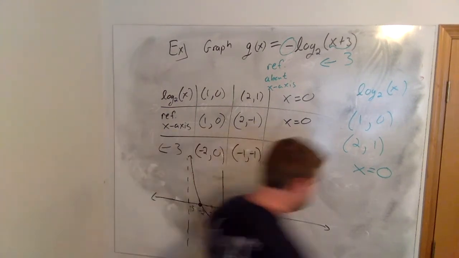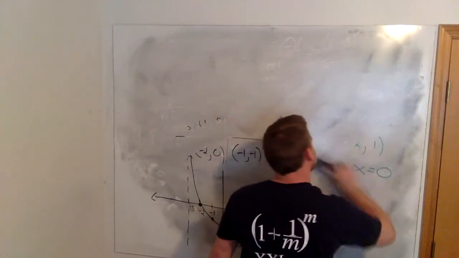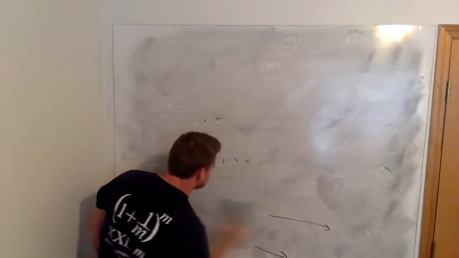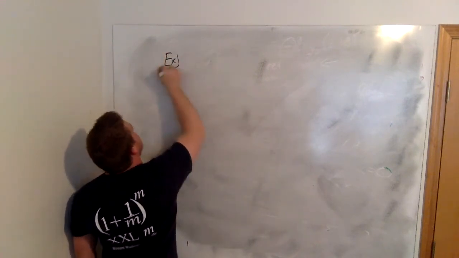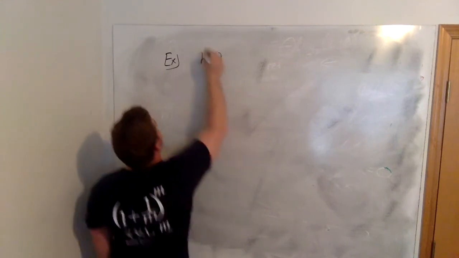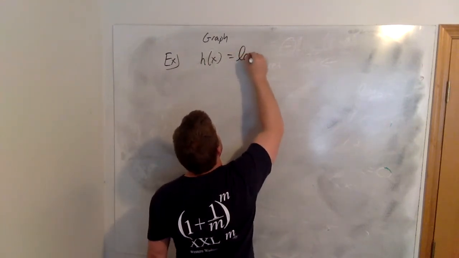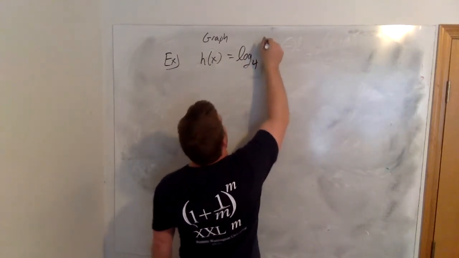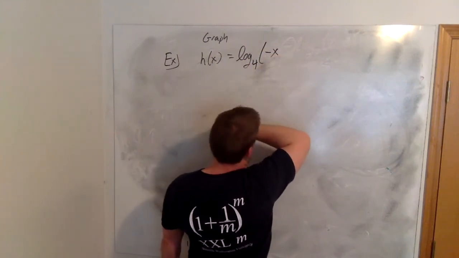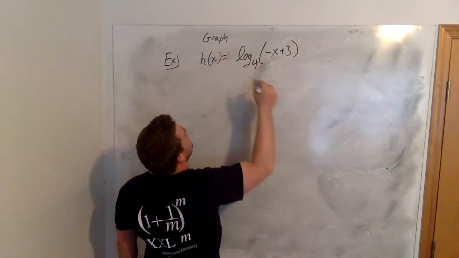Let's do one more example. Okay, let's say, as our last example, we want to graph h of x equals log base 4 of negative x plus 3, and let's multiply 2 out front.